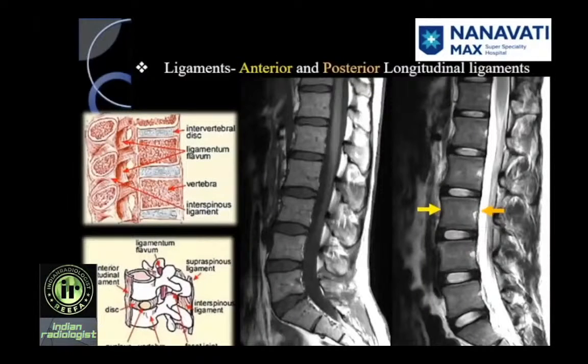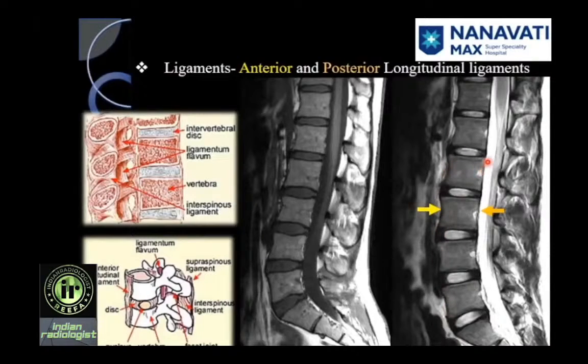A little bit about anterior and posterior longitudinal ligaments. Typically, they get merged with the cortex of the vertebral body and annulus of the discs. So here, this yellow arrow shows you anterior longitudinal ligament extending across the entire lumbar vertebral column.